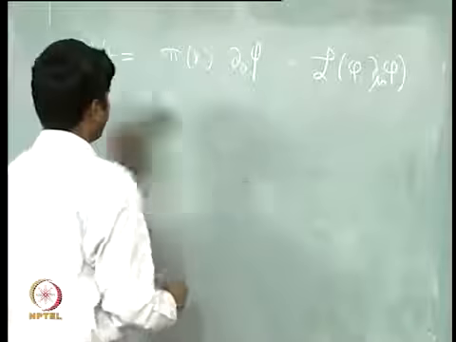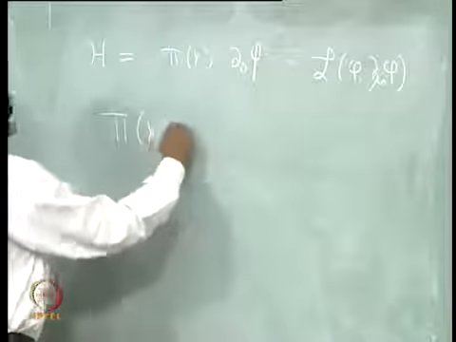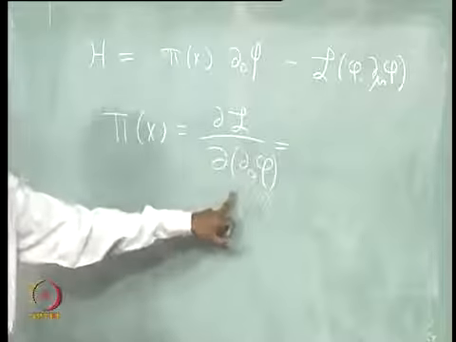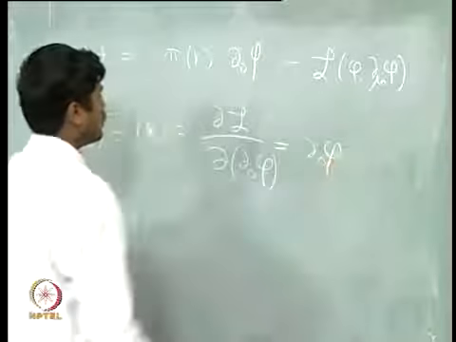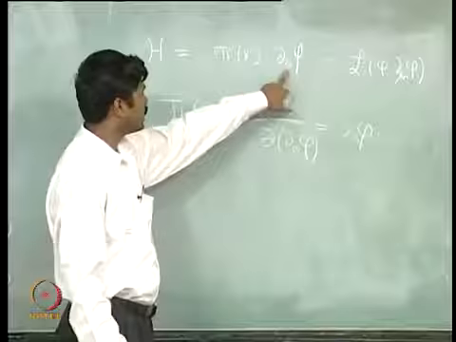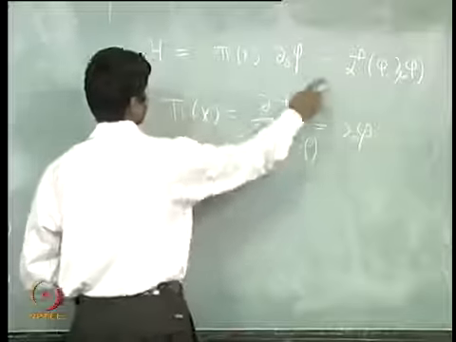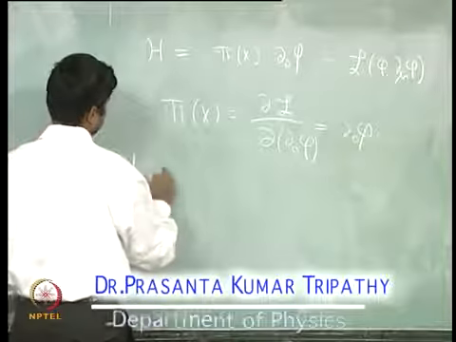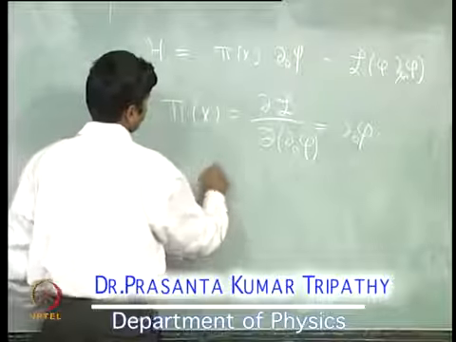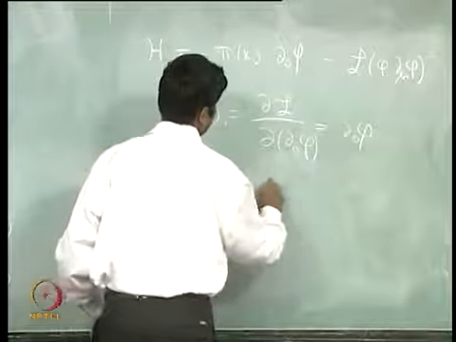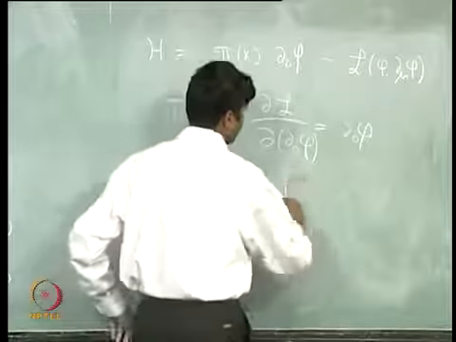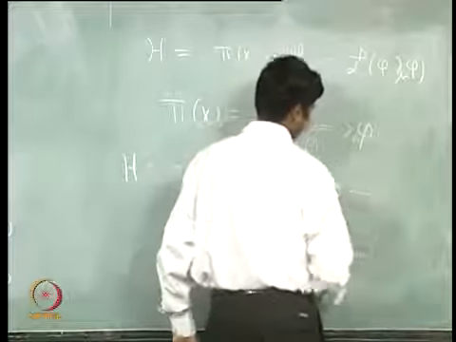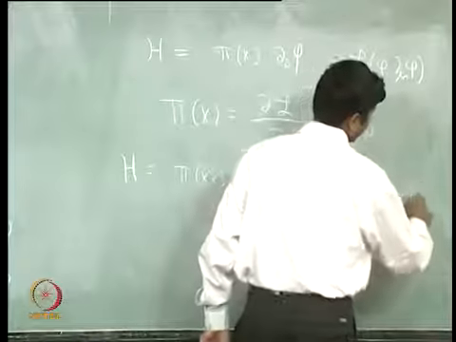So, we can substitute this for pi of x. Then the Hamiltonian density H is equal to pi of x del 0 phi minus half del mu phi del mu phi plus half m square phi square.